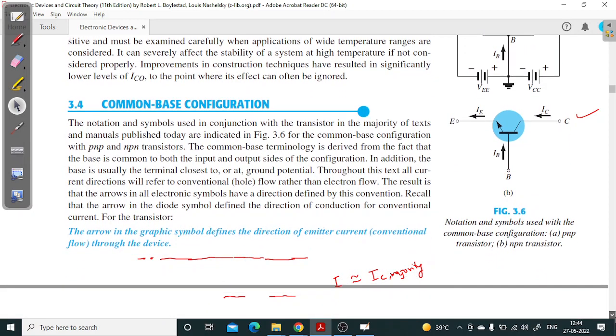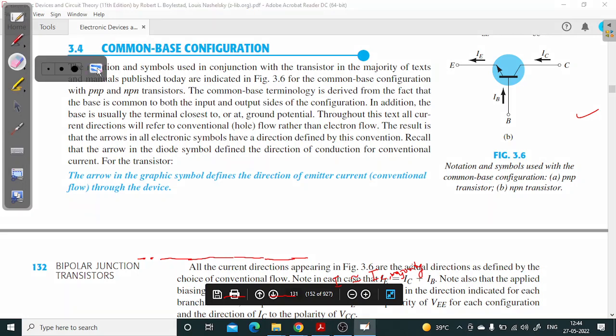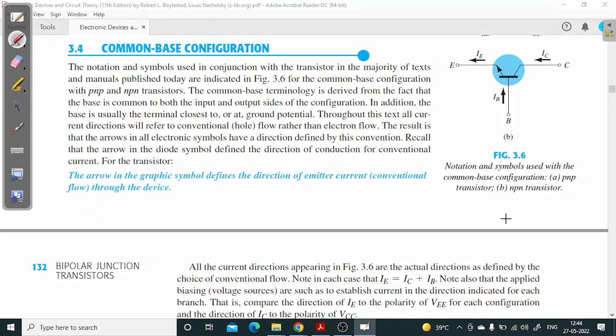Because this transistor has three terminals, there should be a certain way in which we can use this transistor. It has emitter, base and collector, and the symbol is, let's say, this one.